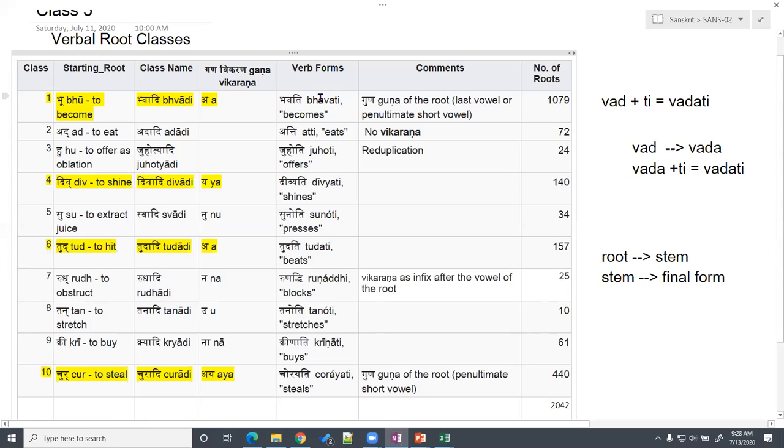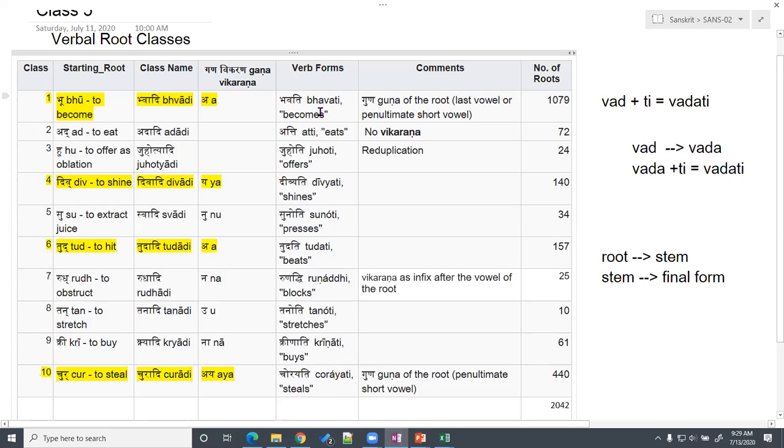And this is the third person singular of the Lat Lakara form. So Bhu, Bhavati; we already have done these forms. Bhu, Bhavati; Ad becomes Atti; Hu becomes Juhoti; Div becomes Divyati; Su becomes Sunoti, means presses; Tud becomes Tudati, means beats or hits; Rudh, Runaddhi, means blocks; Tan, Tanoti, stretches; Kri, Krinati, buys; Chur, Chorayati, steals.